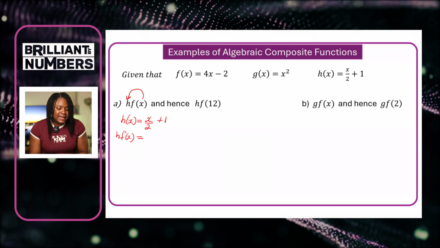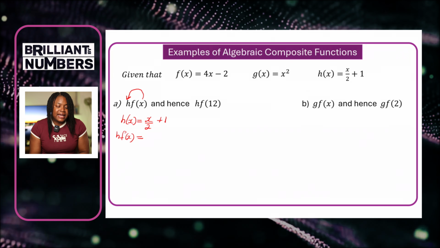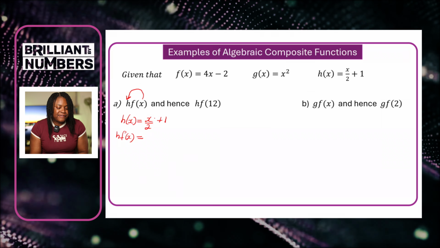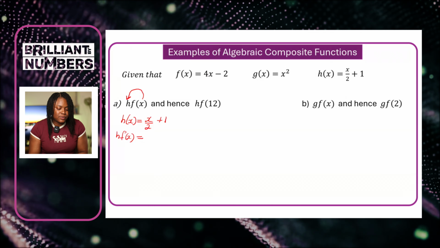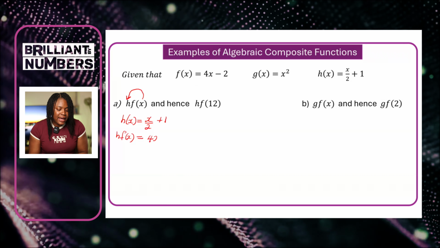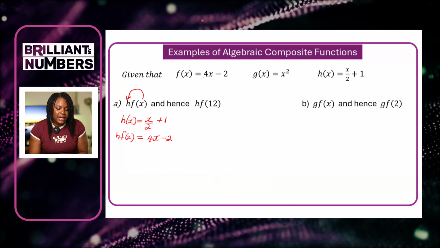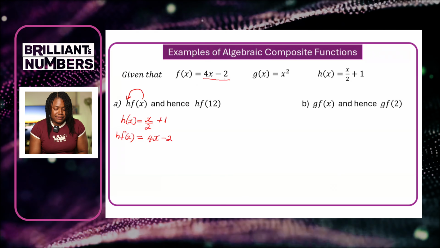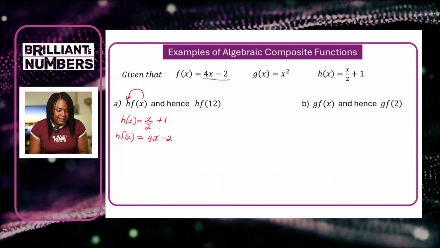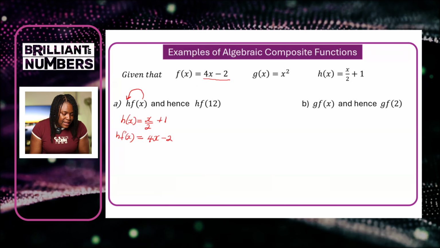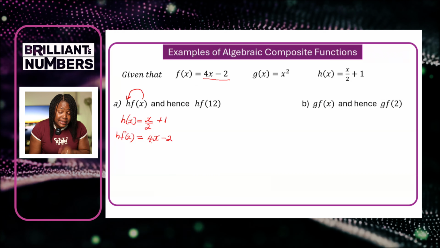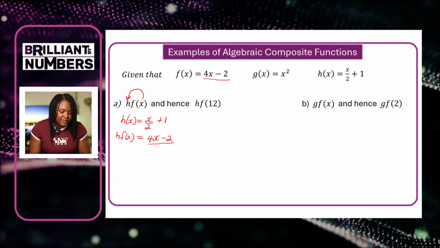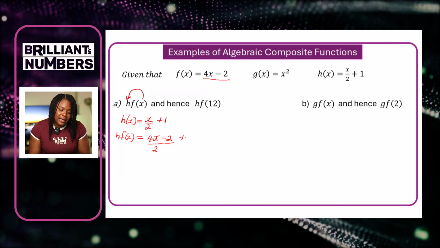So I'm going to replace the x in h of x with the value of f of x, which is 4x minus 2. If you look here, f of x is 4x minus 2, so I'm using it to replace the x that's here. Please don't forget that it must be divided by 2 and then add 1.